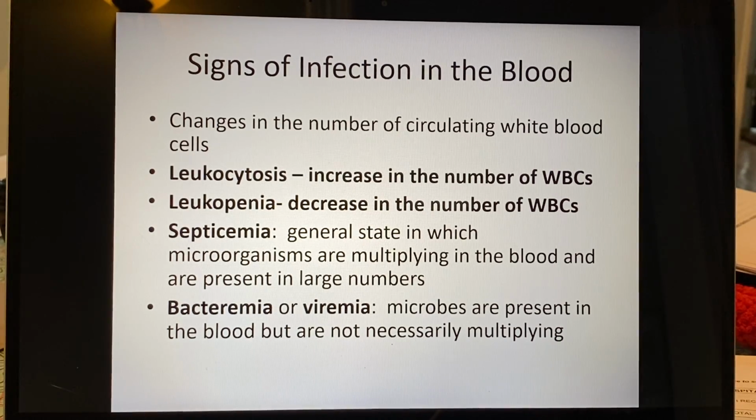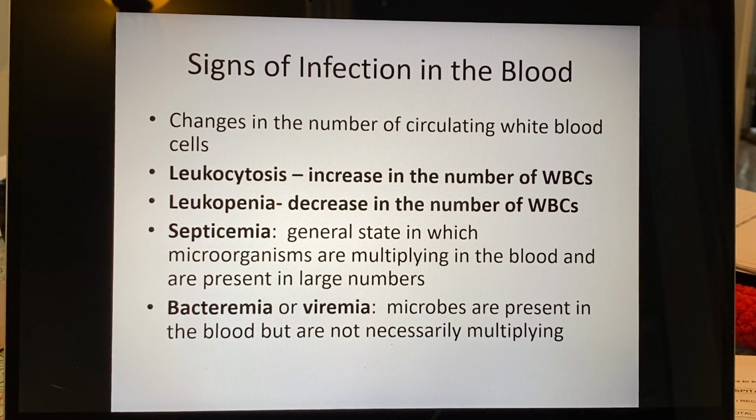And then when you actually look at the different types of white blood cells and where those numbers are increasing, that can give you an indication: this is likely viral, or this is a bacterial infection, or a parasitic worm infection. But you're looking for a general increase in the number of white blood cells.